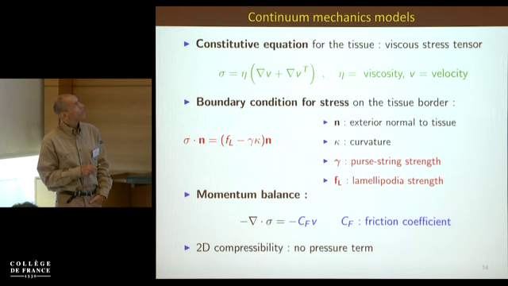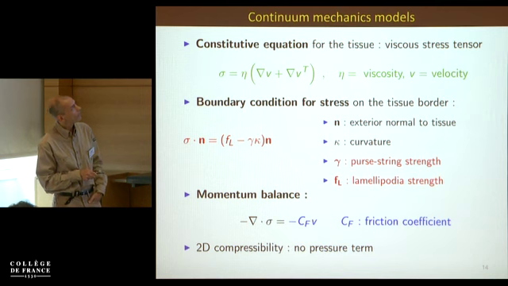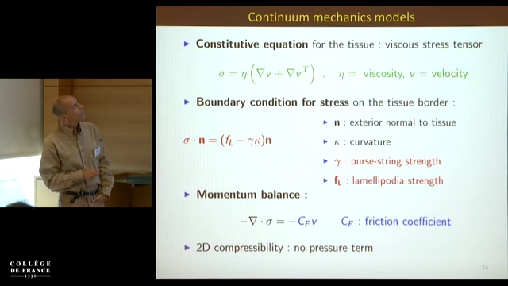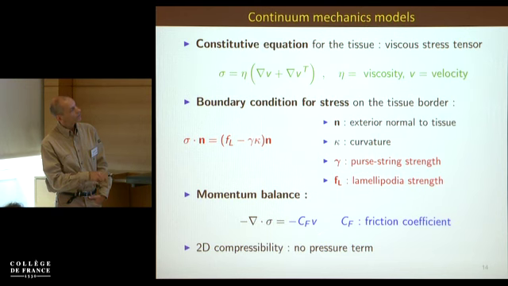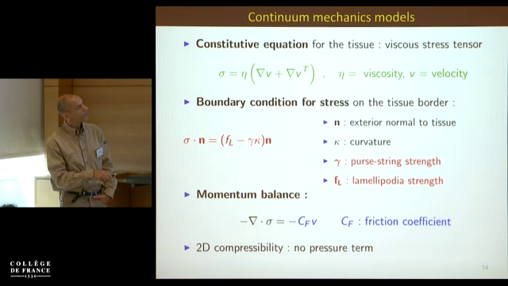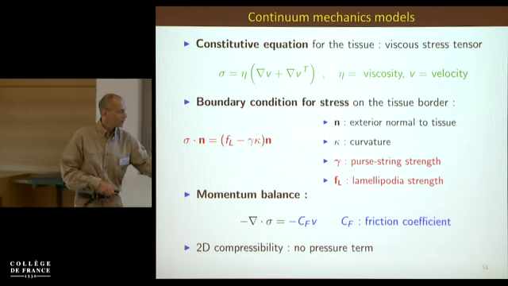So we just have a viscous model with a viscous parameter here, and where you just have the symmetrized velocity gradient as your viscous stress tensor. And then you have this sort of weird boundary condition where you're just saying that the boundary normal component is given by your lamellipodial force density and your cable purse string force on the boundary. And then the momentum balance is just saying that you have these friction forces which are proportional to the local velocity acting on your system.